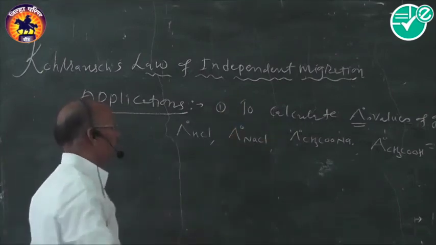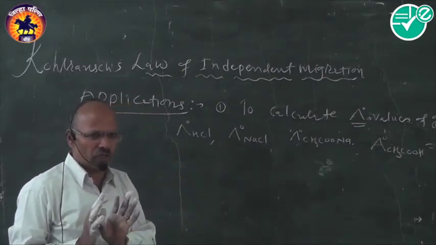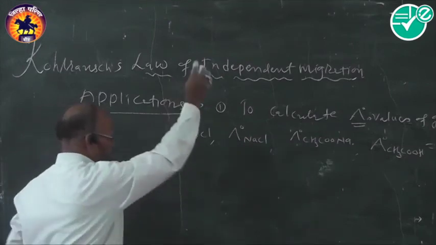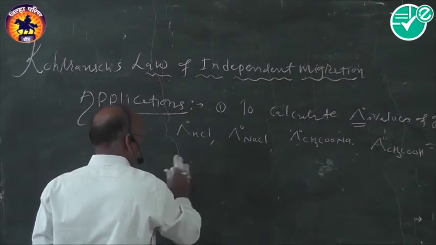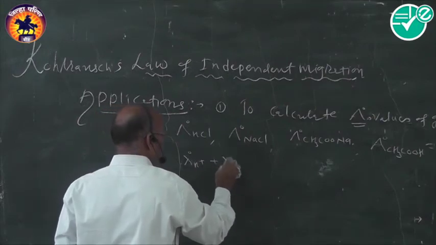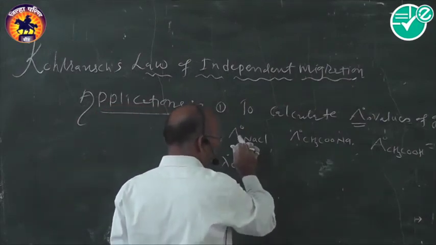In this particular case, we have to follow some arithmetic operations on the basis of Kohlrausch's law. How? Check this. We can write lambda 0 H plus, lambda 0 Cl minus, the addition of these.